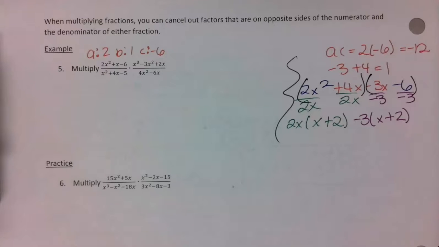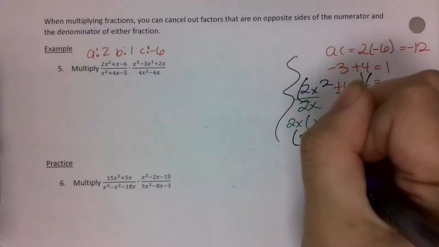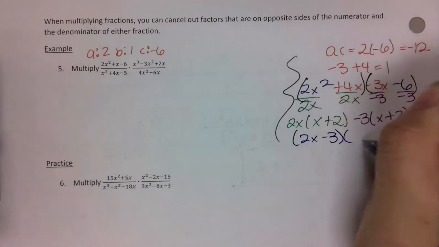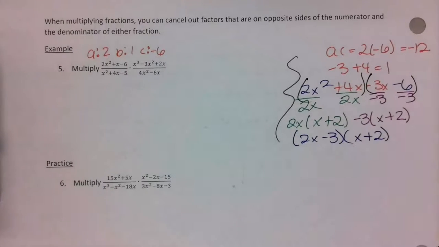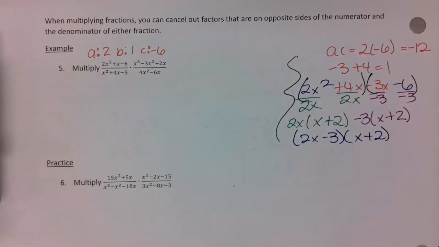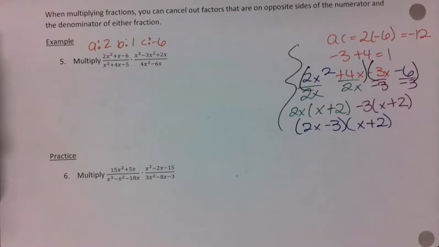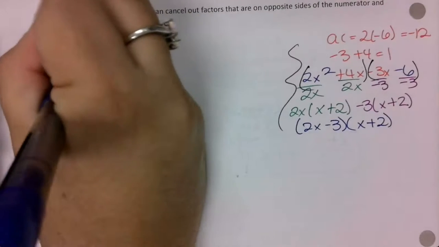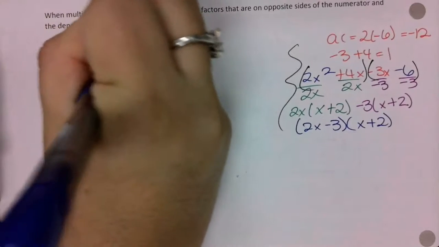Okay, so I write my outside pieces together, so I have 2x minus 3, and then the repeated part gets written once. Okay, so then I want to rewrite my numerator for my first fraction.